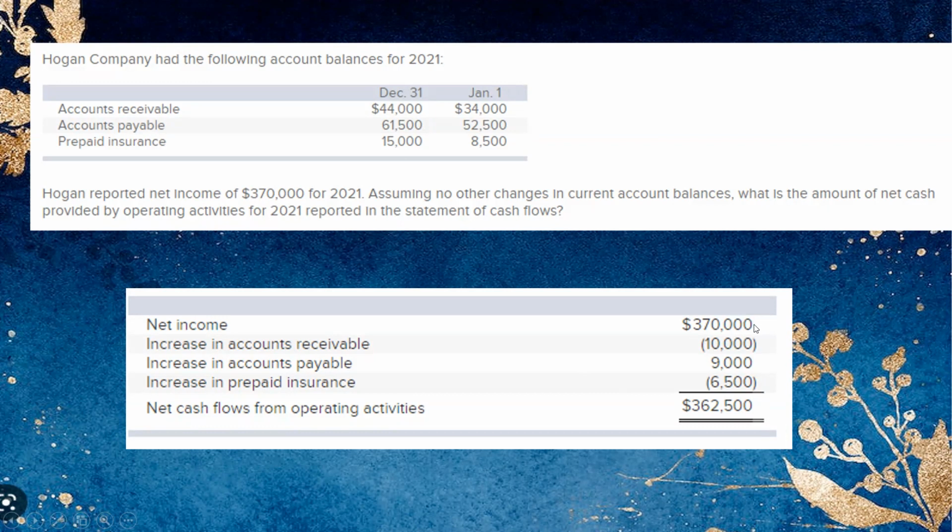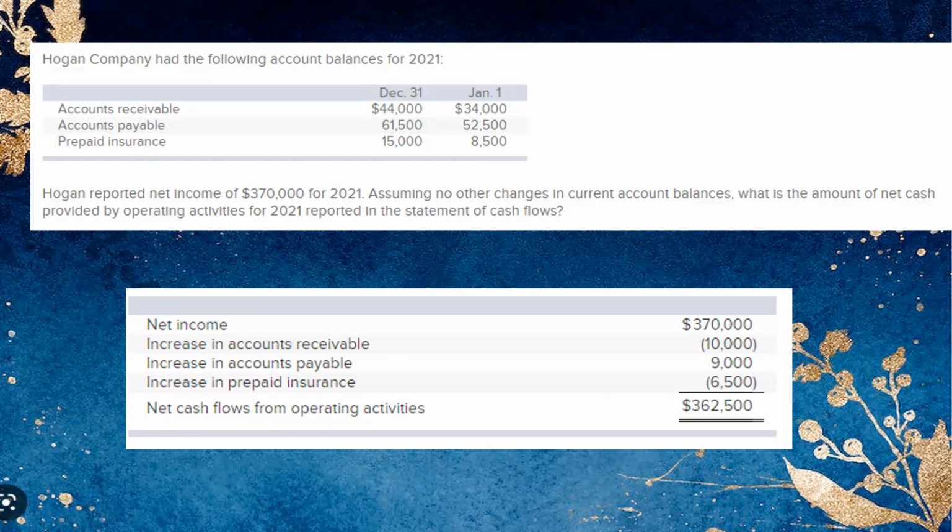So when we take our net income, we subtract out the increase in accounts receivable, we add in the increase in accounts payable, and then we subtract the increase in prepaid insurance, we get net cash flows from operating activities of $362,500.